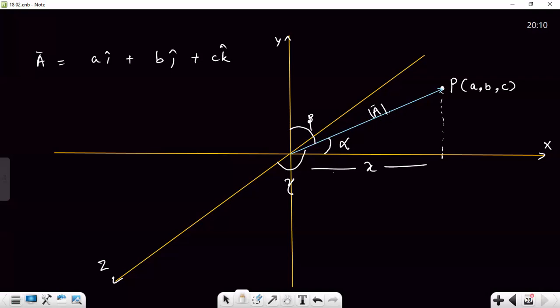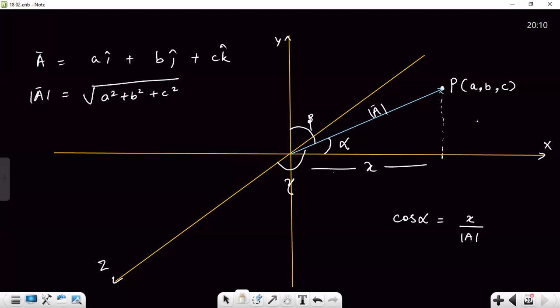So we have the hypotenuse and the base, so we can find the cos. Cosine of alpha is base upon hypotenuse, which is actually a over the square root of a square plus b square plus c square.